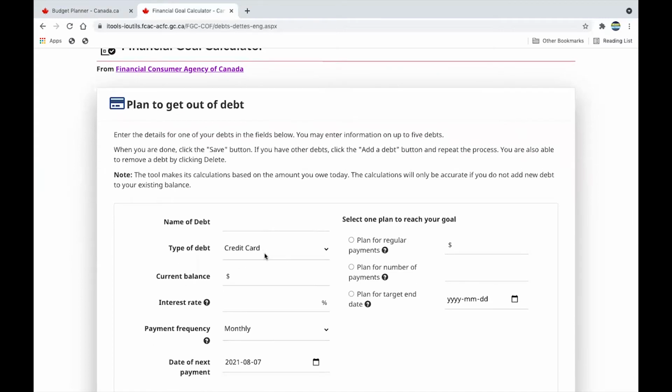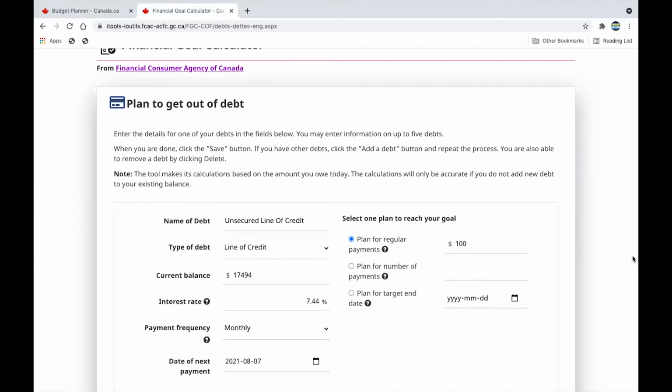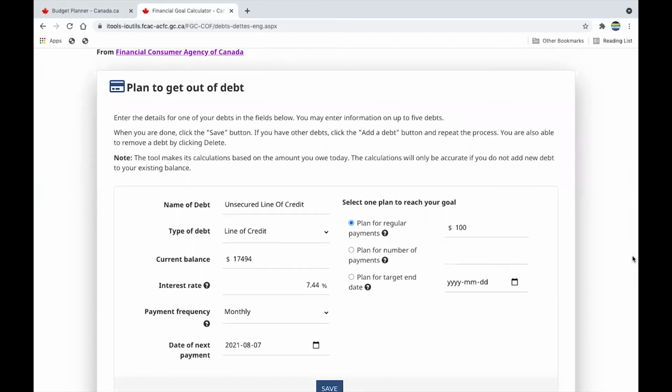So this financial goal calculator is going to help you understand how much you can pay and how long it is going to take you. The best way to plan to get out of debt is to structure all the numbers that are needed instead of just paying it and not really understanding what you're doing.